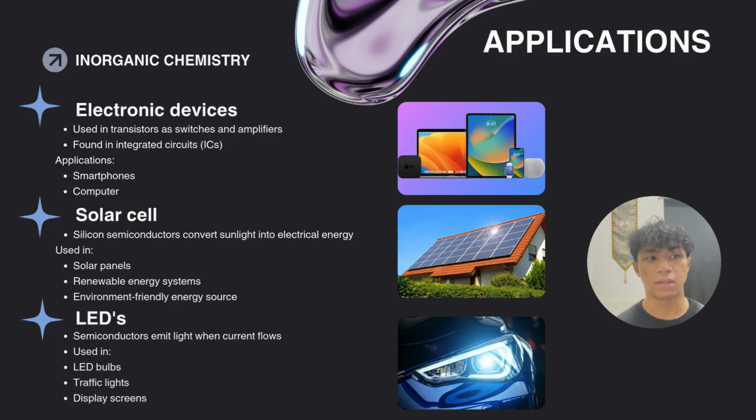So the application is in smartphones, computers, or maybe televisions. The second one, solar cells. For solar cells, silicon semiconductors convert sunlight into electrical energy. They are usually used in solar panels and renewable energy systems, and it is also an environment-friendly energy source.